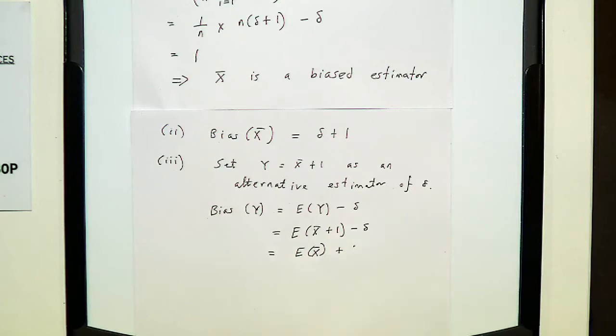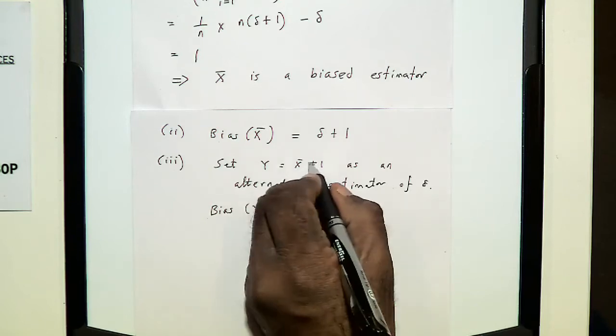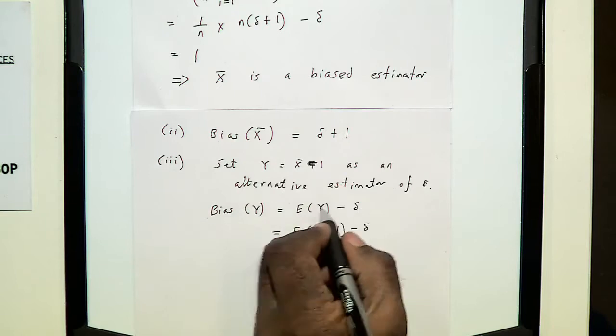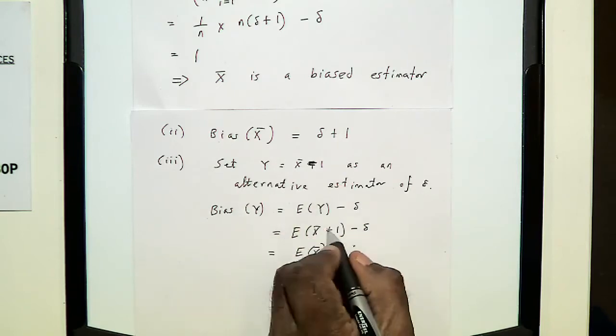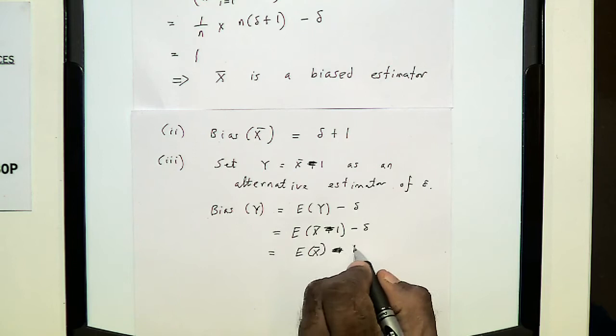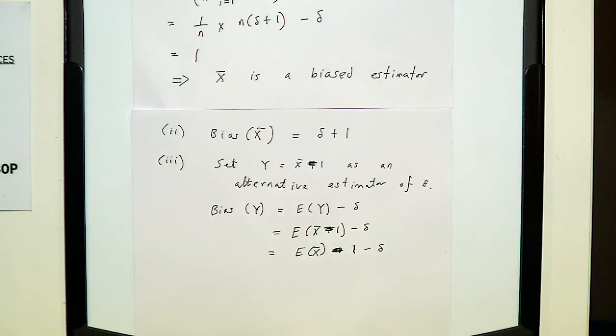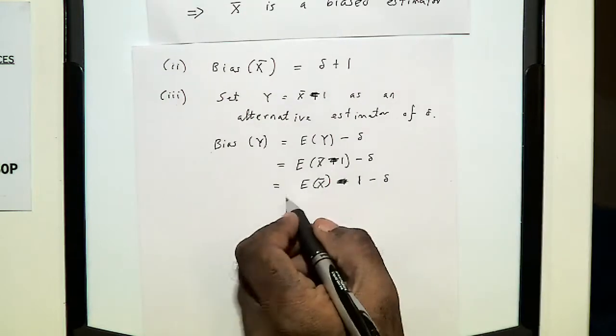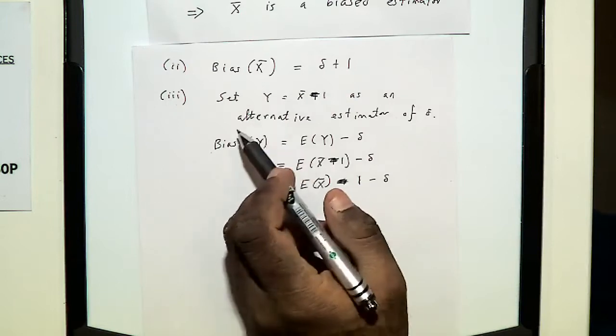Sorry, it should have been minus 1. I'm being stupid here. I should have defined the estimator to be x bar minus 1, not plus 1. I apologize.